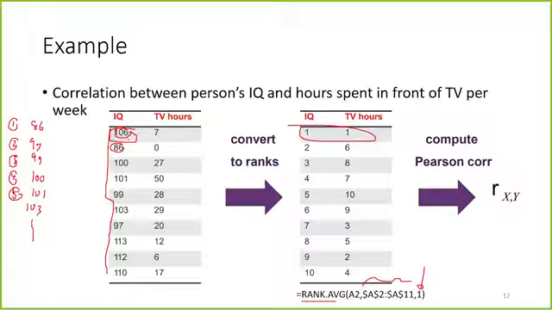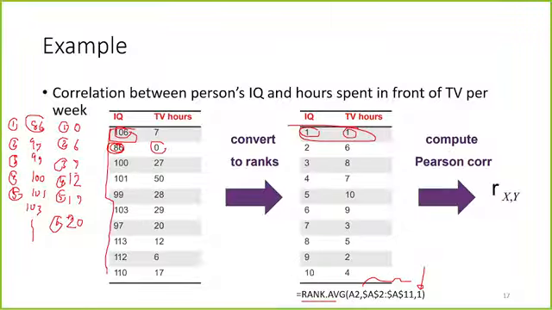How about TV hours? Rank 1 is 0, and then 6, 7, 12, 17, 20, and so on. So this is rank 1, 2, 3, 4, 5, 6. You can see that rank 1 of IQ goes with rank 1 of TV hours, so we get this pair.